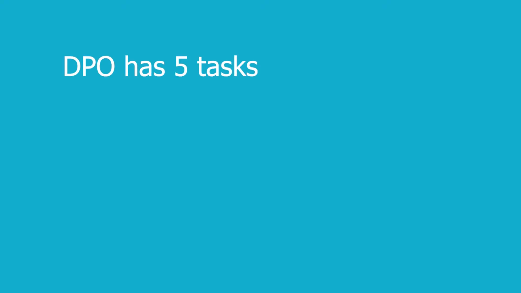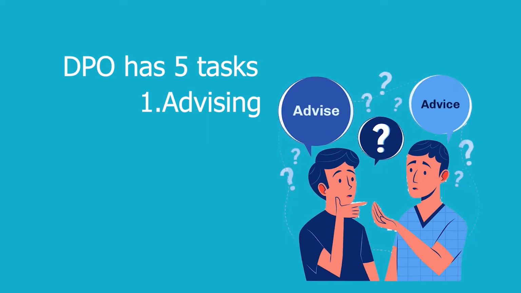The first one being advise, that is, guide the company on what the privacy laws say, what they mean, and how they apply in the context of the company. So if you are a healthcare company, what does it mean for your clinical trials? What does it mean for the patient data or the data your devices are collecting?